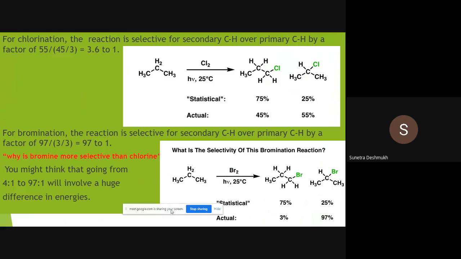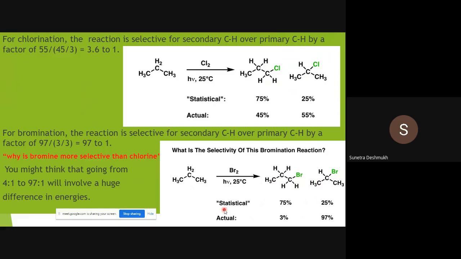For bromination, the same reaction we can observe, and here you can see selectivity. Okay, so here is the comparison: why is bromine more selective than chlorine? By observing this same reaction, propane on treatment with liquid Br2 photocatalytically at 25 degrees centigrade, it gives the same primary halide and secondary halide as products.